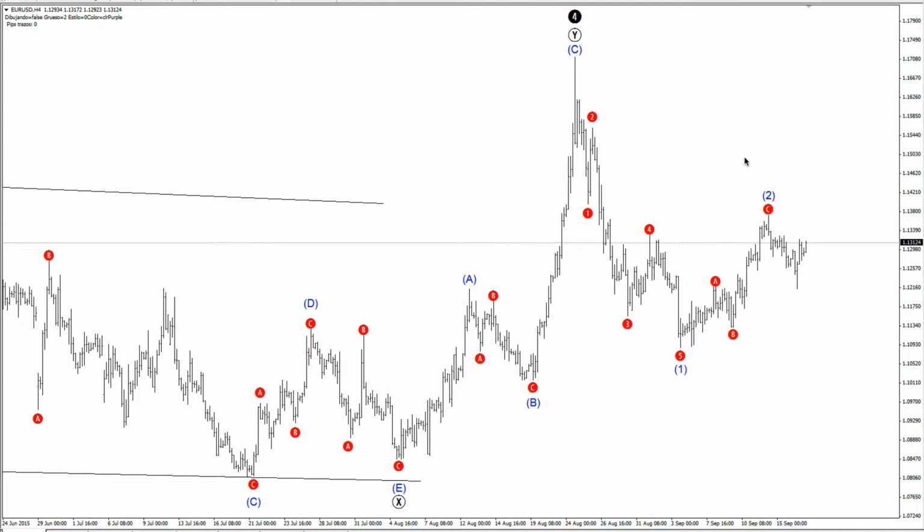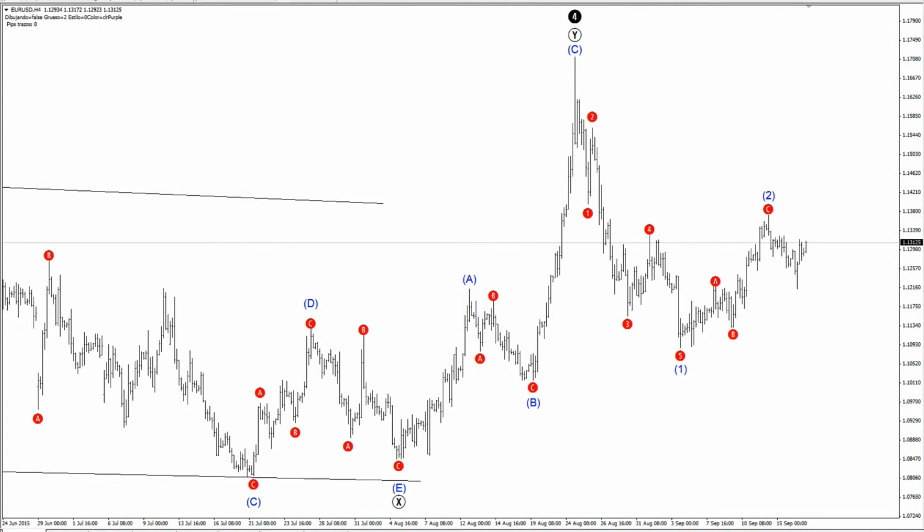So perhaps one of those options will be the result from this meeting. So more downside is expected on Euro USD according to my analysis and my wave count.